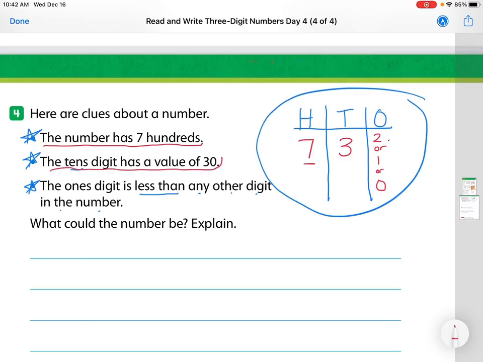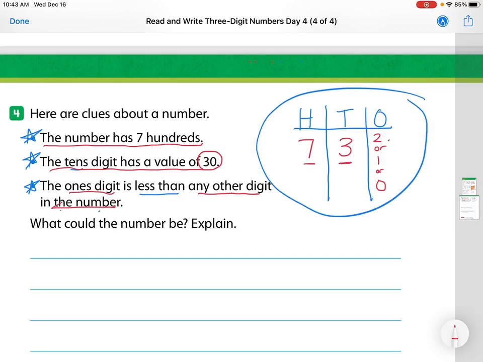The tens digit has a value of 30. Well, if it's a value of 30, I know that's 3 tens, so I put that there. And then this last clue says the ones digit is less than any other digit in the number. Well, it's got to be a number less than 7, but it also has to be a number less than 3, okay?